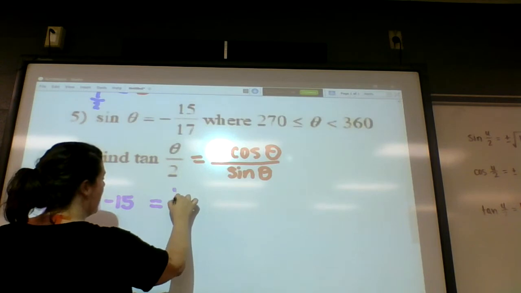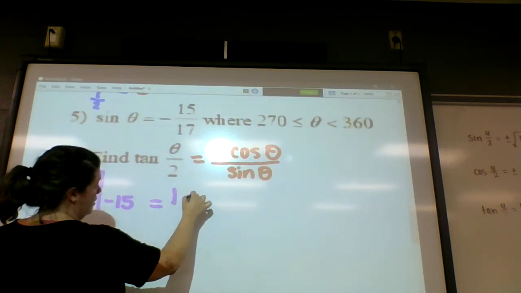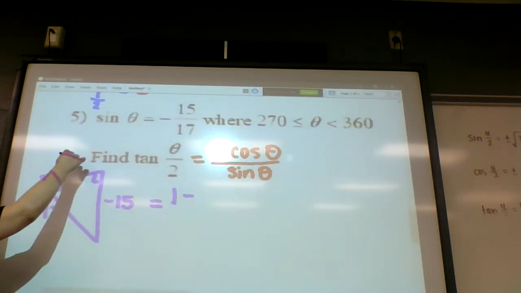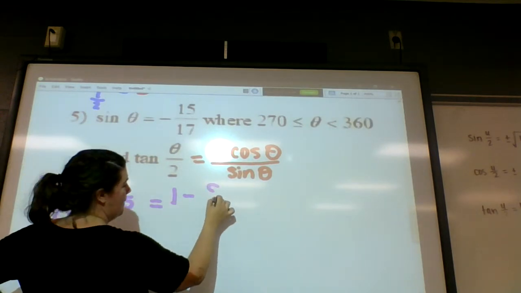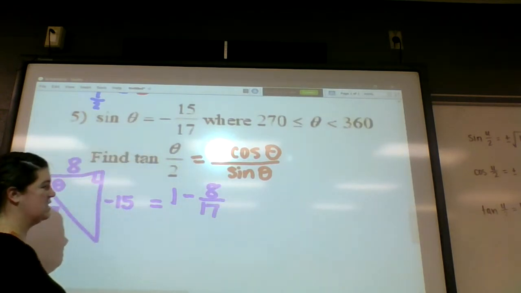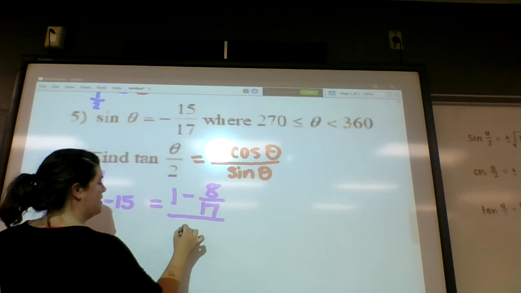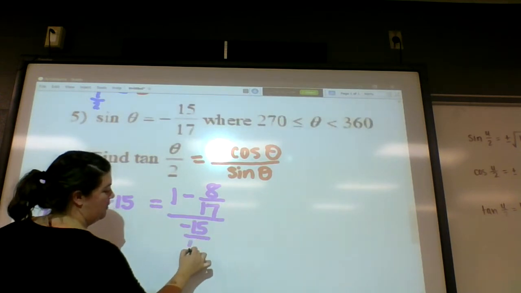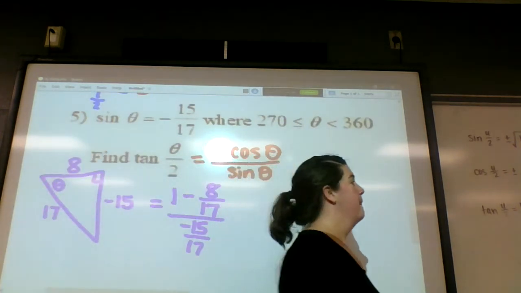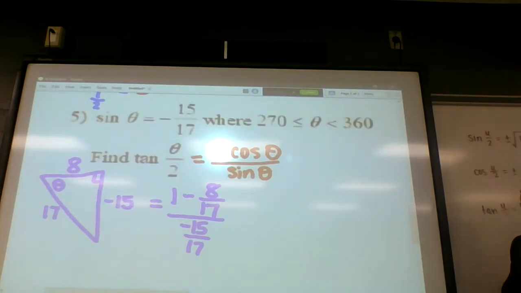So 1 minus the cosine. Cosine is adjacent over hypotenuse. So 8 over 17. And then over the sine, which is the negative 15 over 17. And since we don't have any square roots, technically you could simplify by just putting it in your calculator.